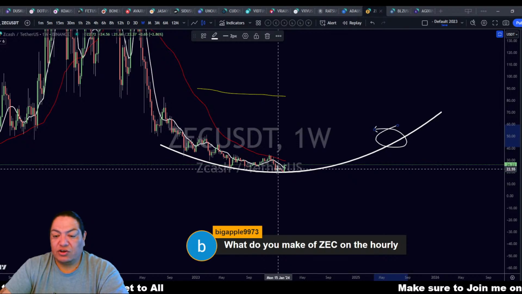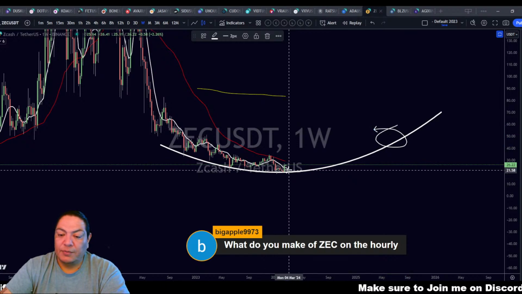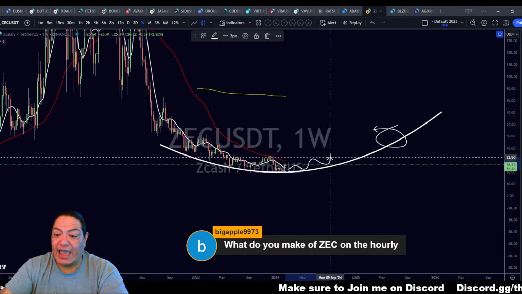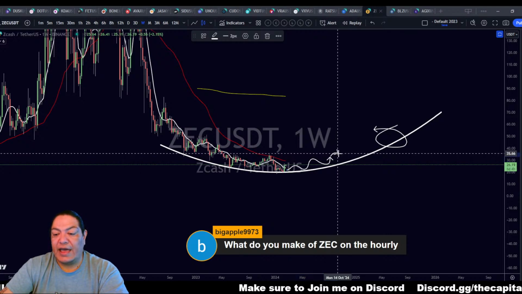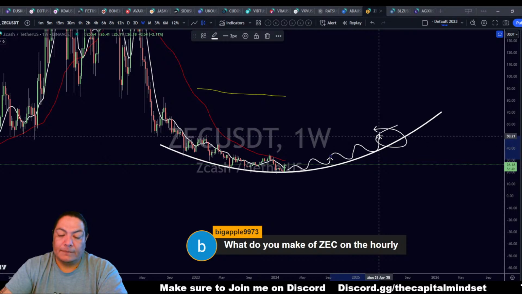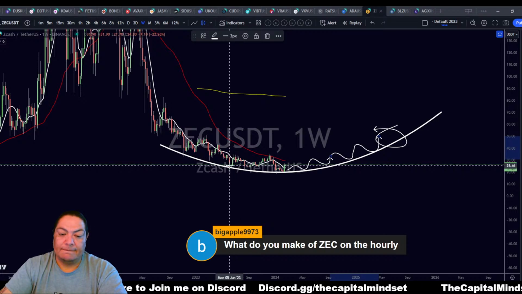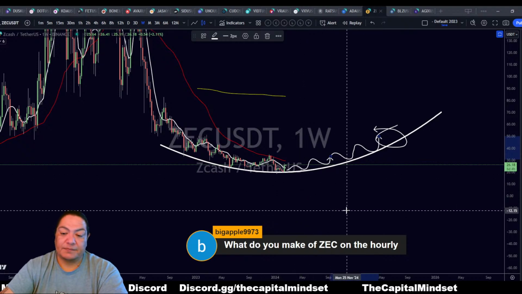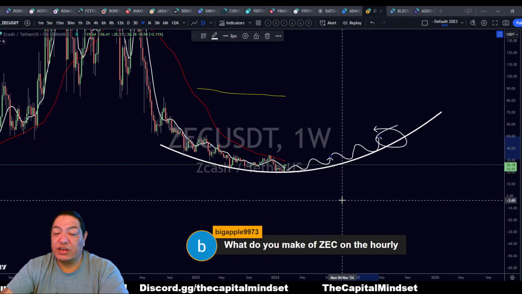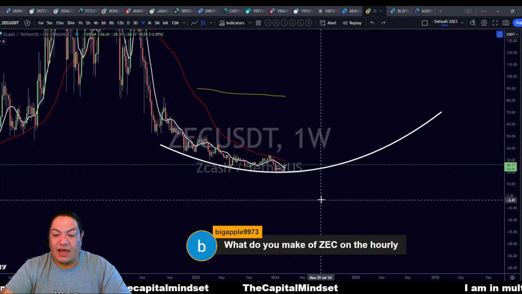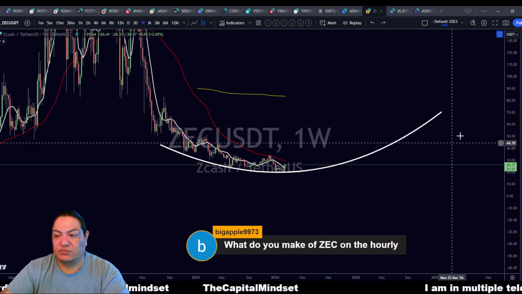Now, this right here could be the start of, this could be the absolute bottom. Now that I'm looking at it, the absolute bottom of the rounded bottom. But we could have said that here. I think this may be the bottom of the rounded bottom. For that reason, because first I was like, no, but for that reason, I really, really like this coin.